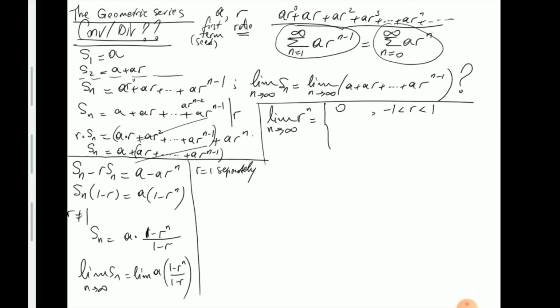If r equals 1, the limit is obviously 1, since 1 to the n is 1. It's infinity if r is greater than 1. And the limit doesn't exist if r is less than minus 1, like minus 3 to the n, which goes to plus or minus infinity, because minus 1 to the n oscillates between minus 1 and 1.